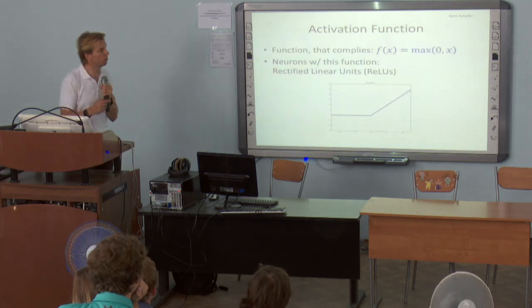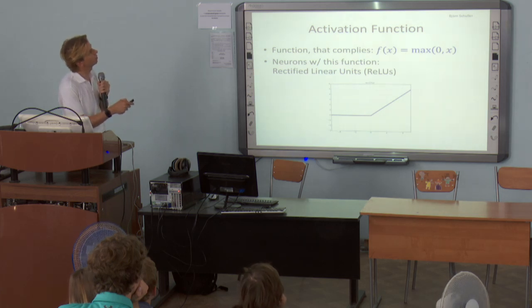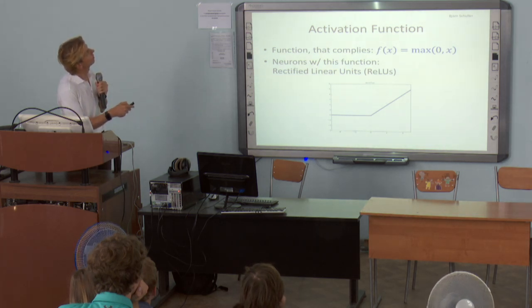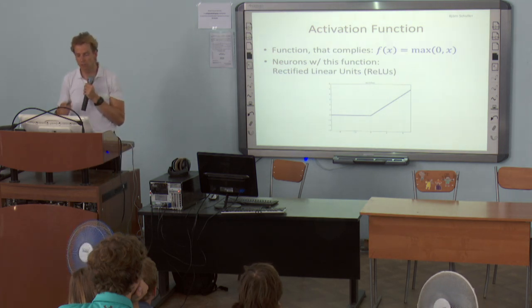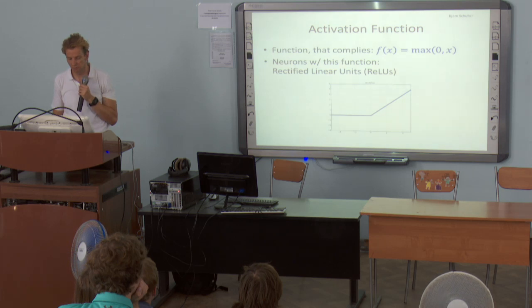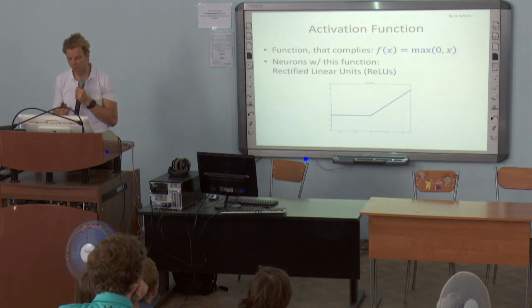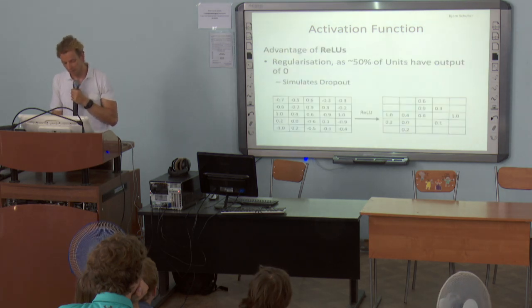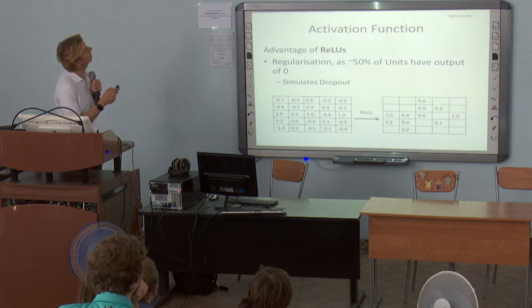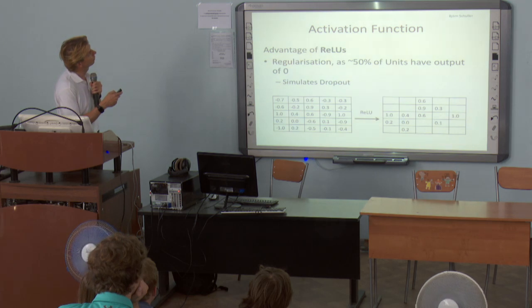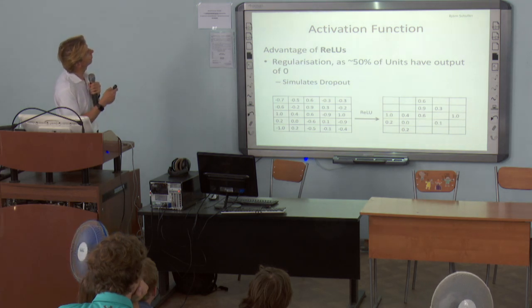And the answer found by the community was the rectified linear unit, which I already introduced. The neurons with this rectified function are called rectified linear units; the function itself rarely has the name, but neurons with that function do. Now if you look at what happens, you have a sort of regularization, because anything left of 0 is set to 0.